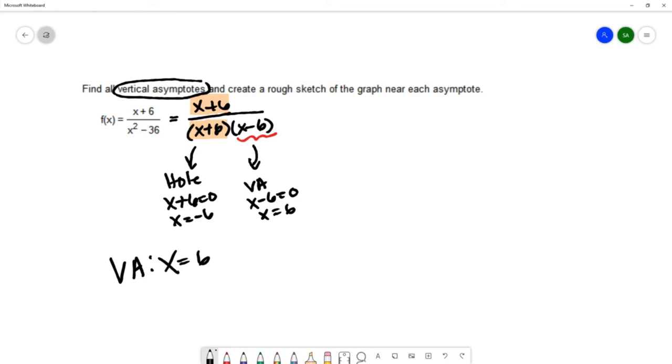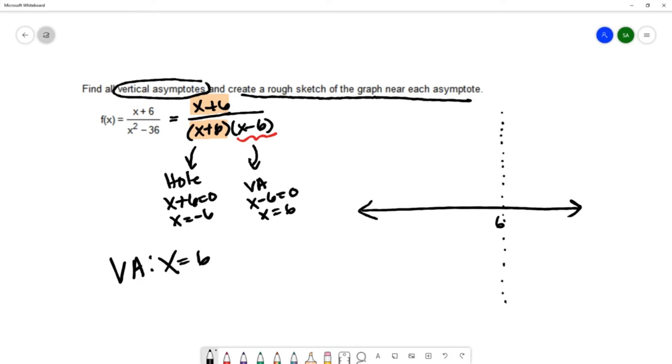And then we want to create a rough sketch of the graph near each asymptote. So we want to sketch the graph near that asymptote of x equals 6. I'm going to draw my horizontal axis, which is the x-axis, and mark out at 6 a vertical asymptote.